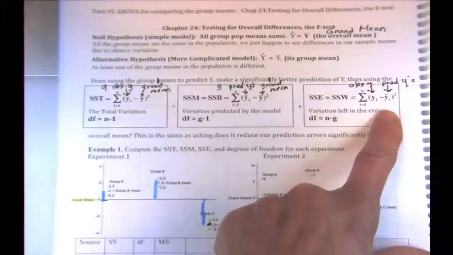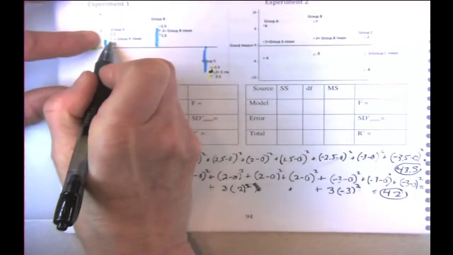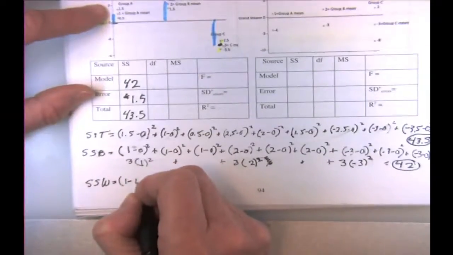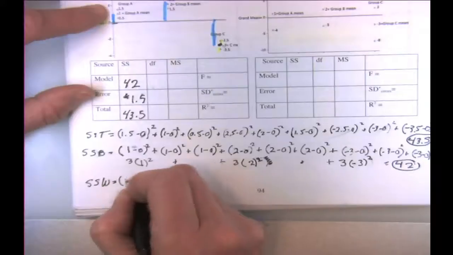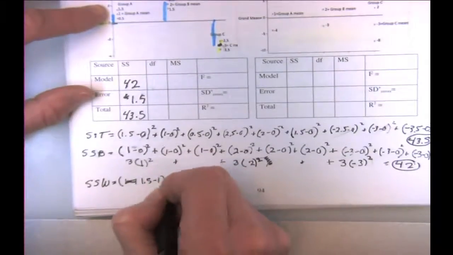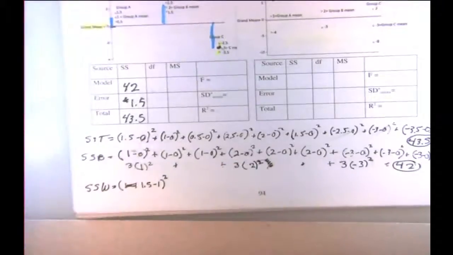So let's go here, and our observed is 1.5, our predicted is 1. So that's going to be 1.5 minus 1, so that's our first little error squared. And what's our next little error squared?